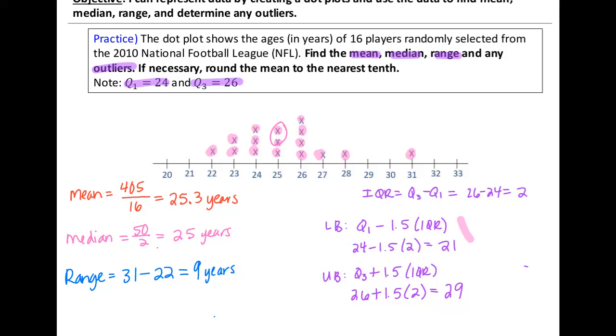So if you draw your boundary lines, 21 is right here, 29 is right here. Is there anything outside of those two lines? 31 is on the outside, so this is considered an outlier. So 31 years is an outlier.